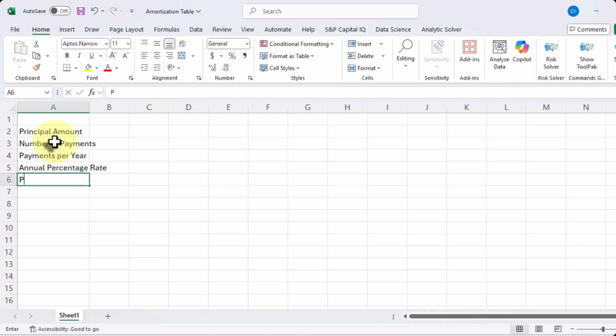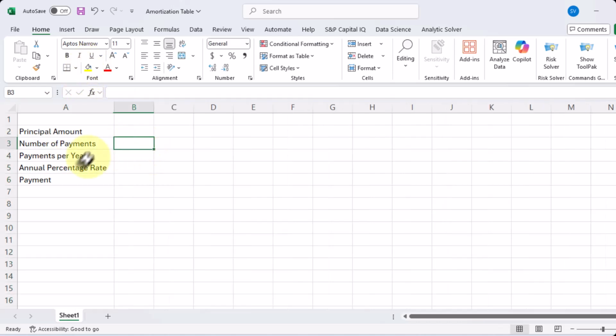And then we're going to put in the payment. And we're going to use the payment function in Excel to calculate that payment. So I'm just going to start here by starting with kind of a regular car loan, and our principal amount for that might be, let's say, $25,000.